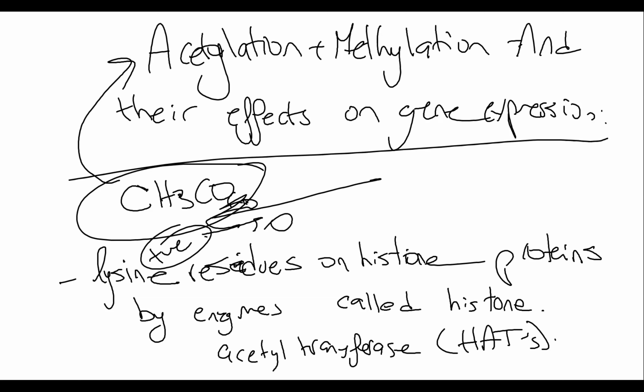So if this lysine is zero now, there won't be an interaction between the histones and the DNA. If the DNA and the histones do not have a charge interaction between them, the chromatin structure will be more relaxed.